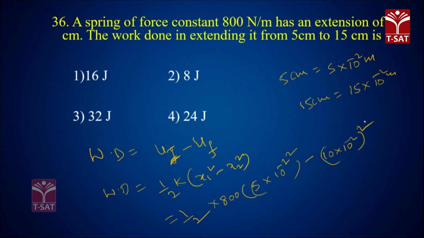Okay. Then you simplify them, this is equals to 400, you calculate them, this value is minus 8 joule. But here work done of spring is minus 8 joule.